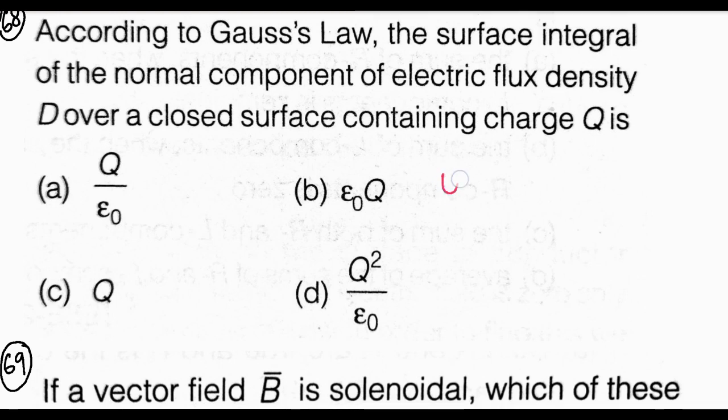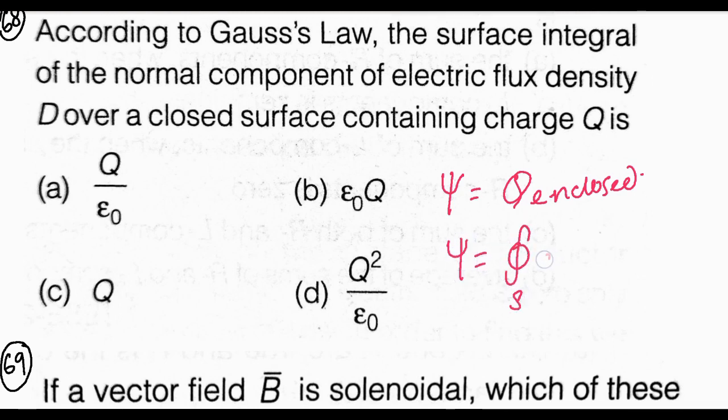That means, suppose psi is the total flux, this will be equal to the charge Q enclosed within the surface. And psi is, actually, closed integral of D dot dS. This is what the question is asking.